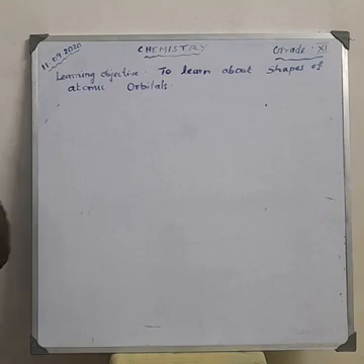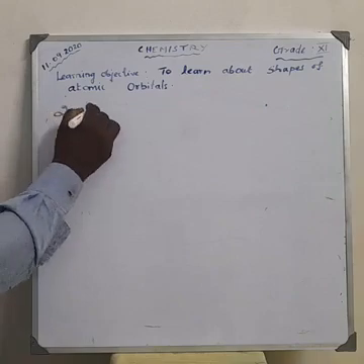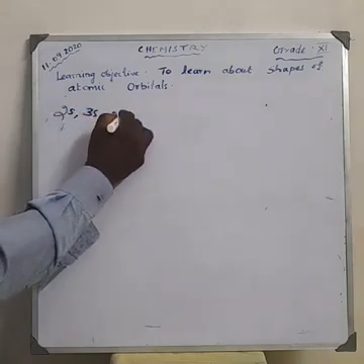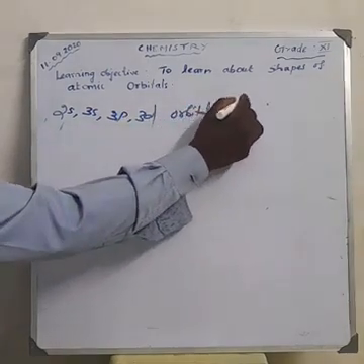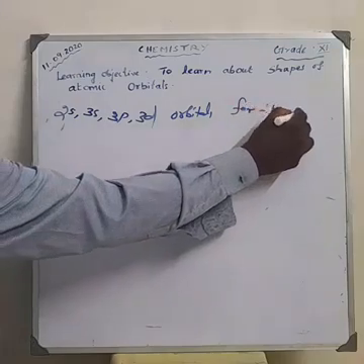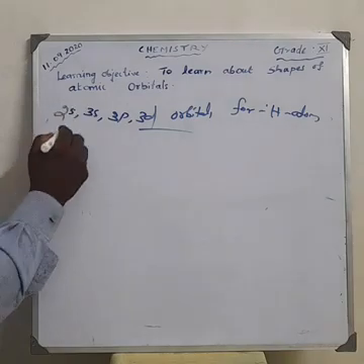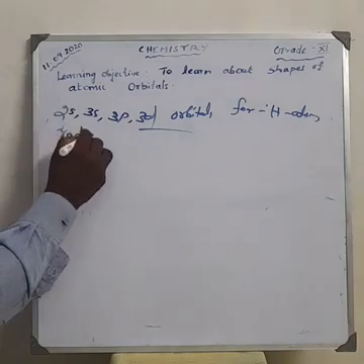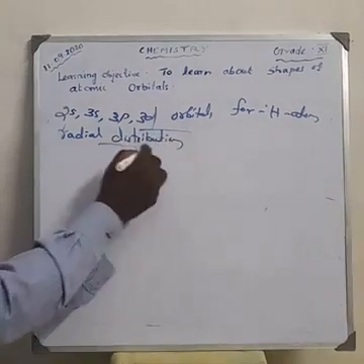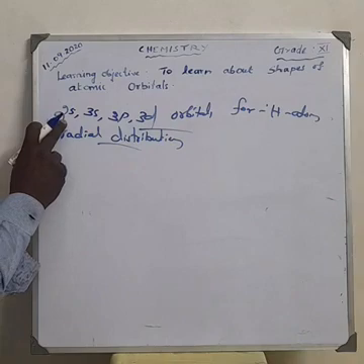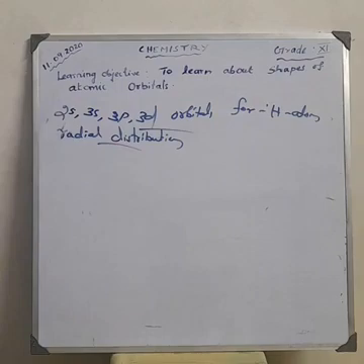Here is the radial distribution of the 2s, 3s, 3p, and 3d orbitals for the hydrogen atom.